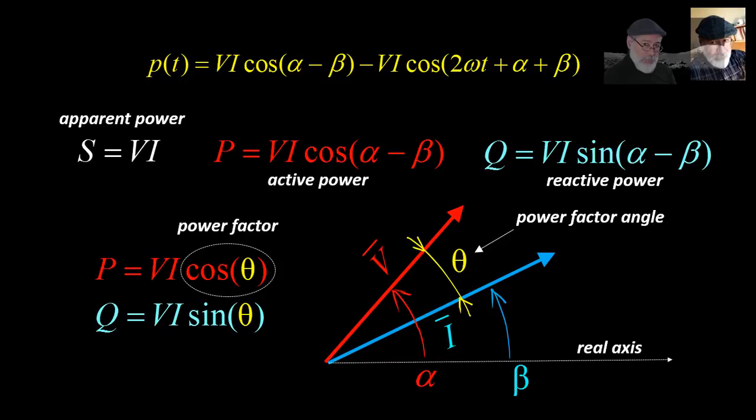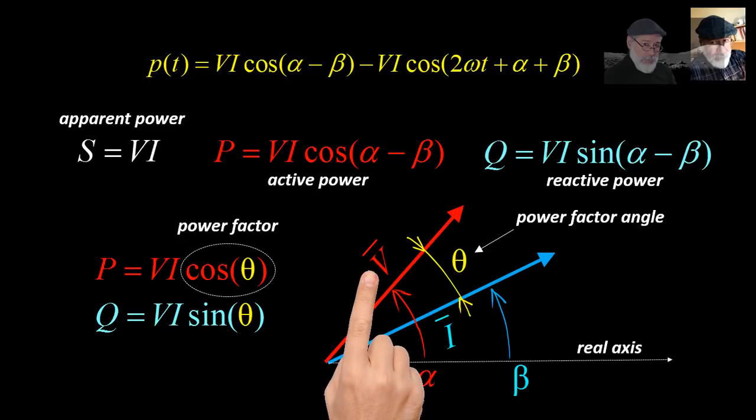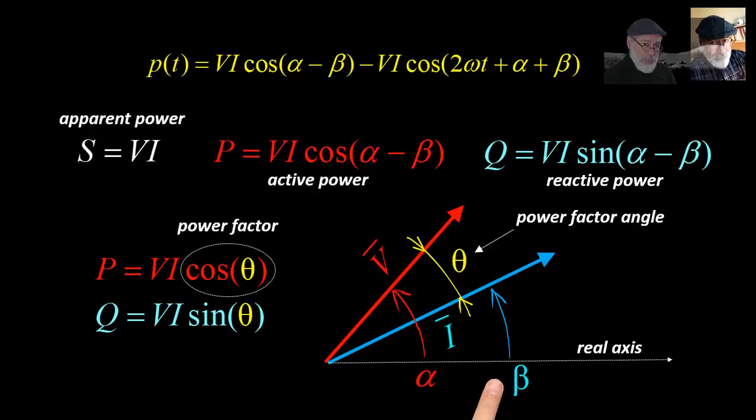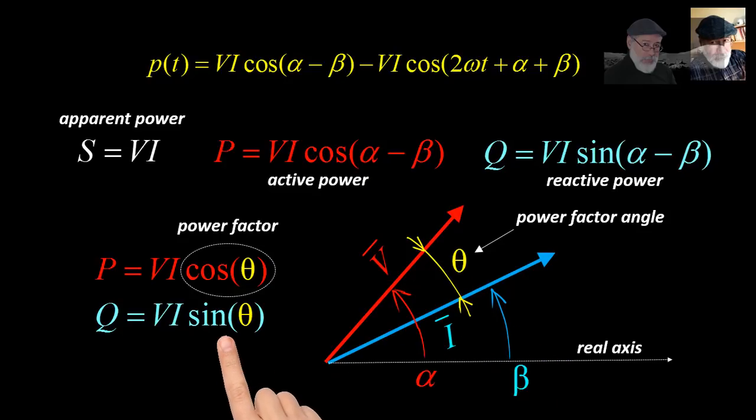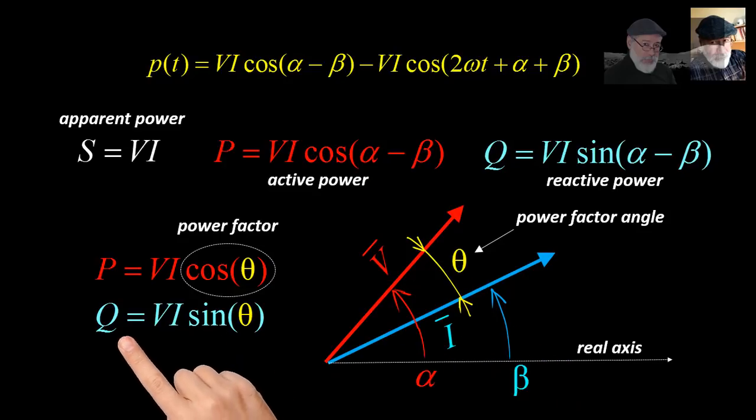Observe one thing. For an inductive load, the current is lagging behind V. That means that beta is smaller than alpha, and theta is a positive angle. Positive angle, what is the implication of that? The implication is that sine of theta will be positive and Q will be positive. An inductive load absorbs positive Q, positive reactive power.